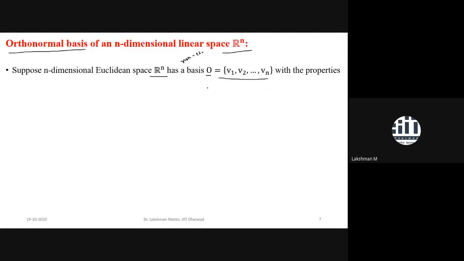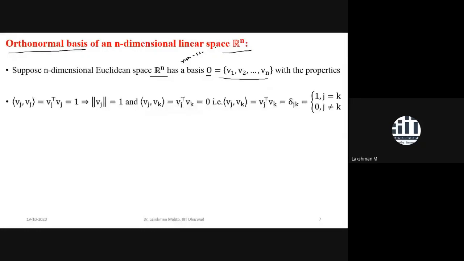So what we observe here is that we are taking a non-standard basis. O is a non-standard basis. That means our basis elements are no longer E1, E2, ..., En. We have a non-standard basis O in such a way that the basis elements satisfy the similar property that a standard basis had.